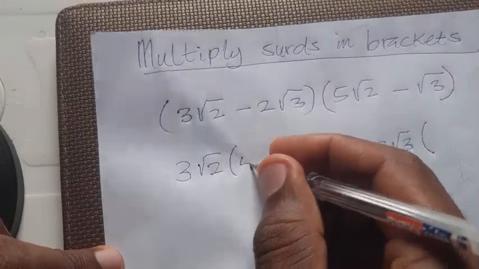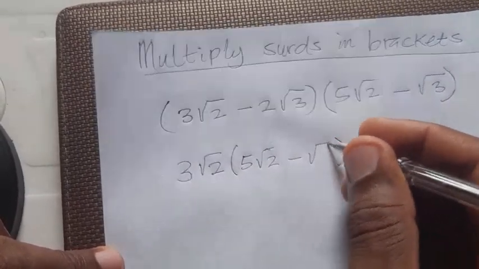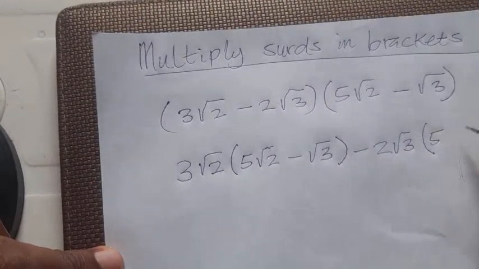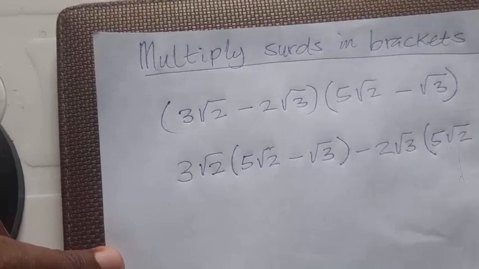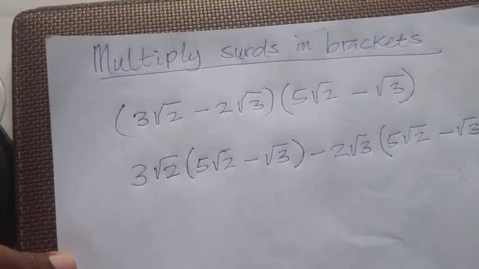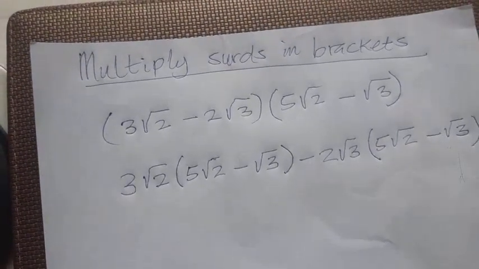So I'm putting it here, 5 root 2 minus root 3. Then do the same thing for here, 5 root 2 minus root 3. Do you see that? So that is how easy it is. I hope that is clear enough.